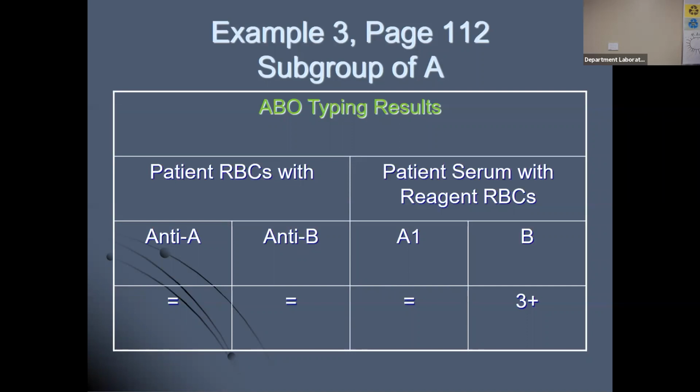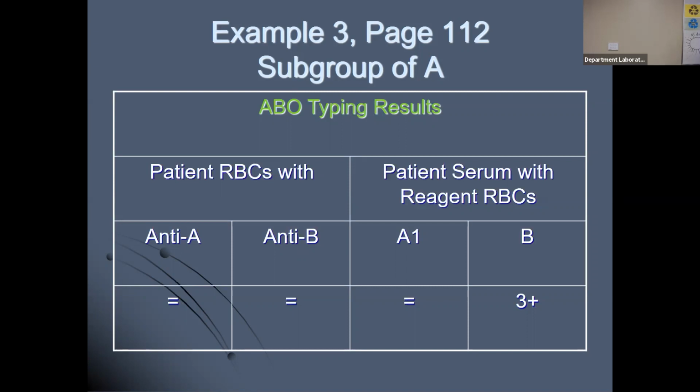Let's see if you guys can answer this. What other testing could you do on this patient to confirm that it is a subgroup of A? You could do a molecular genotype. That's probably a good idea for this patient if you're trying to identify exactly which subgroup it is. But what about A1 lectin? You guys remember we talked about that? It's a plant extract.